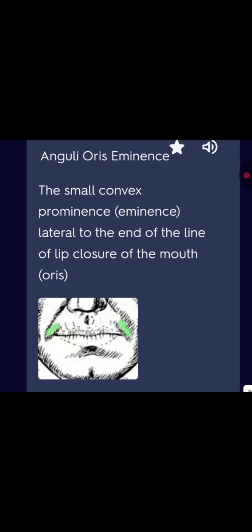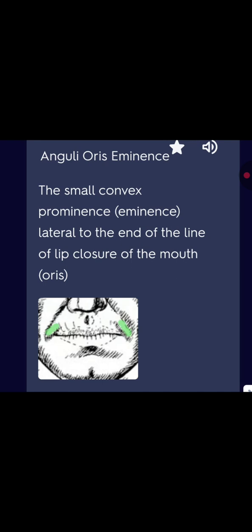So the small convex, which is curved like the outside of a sphere, lateral to the sides to the end of the line of lip closure of the mouth.